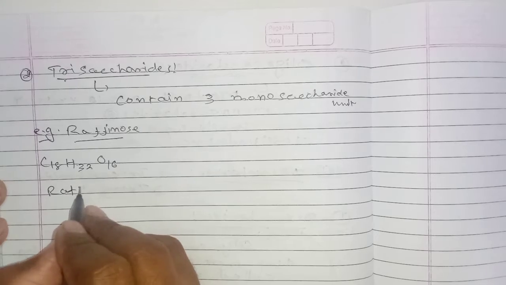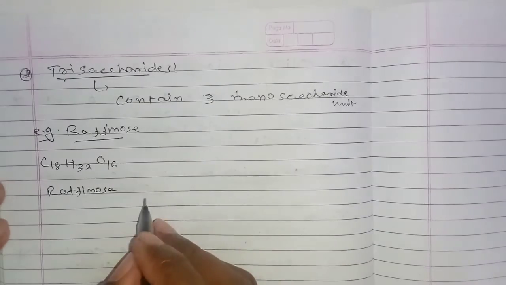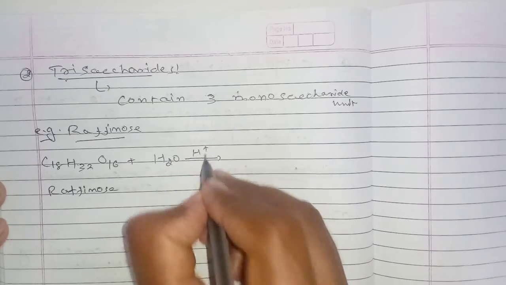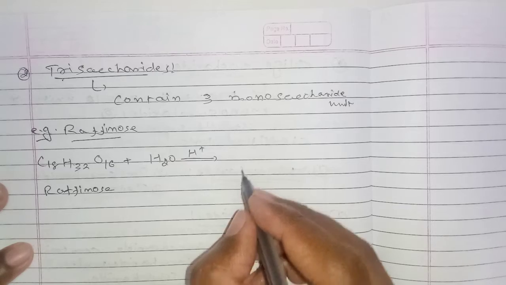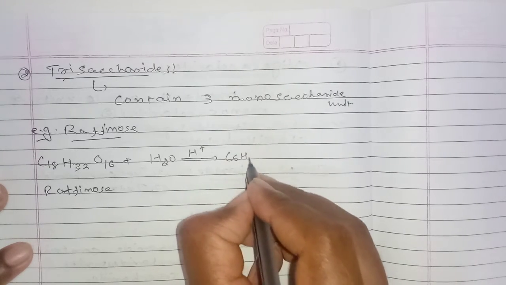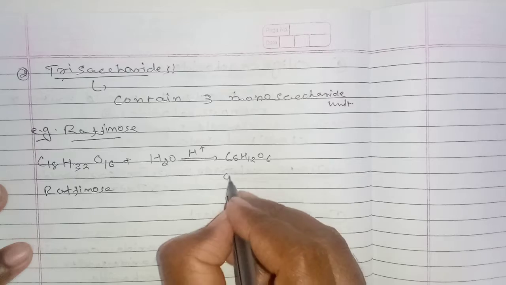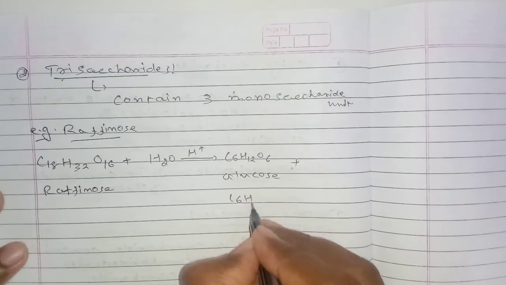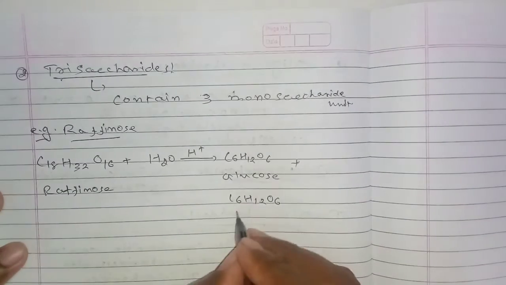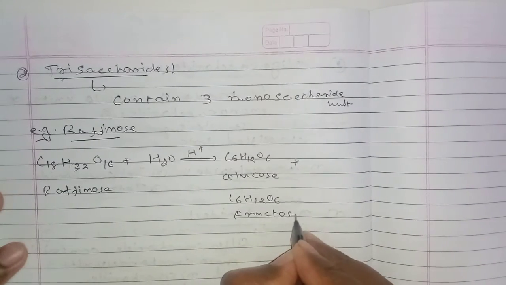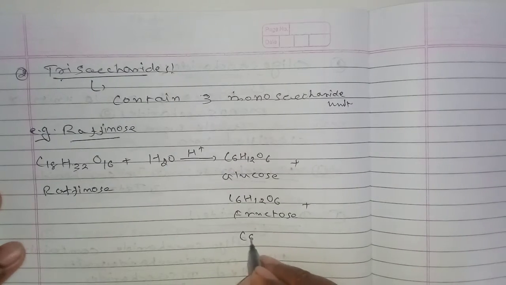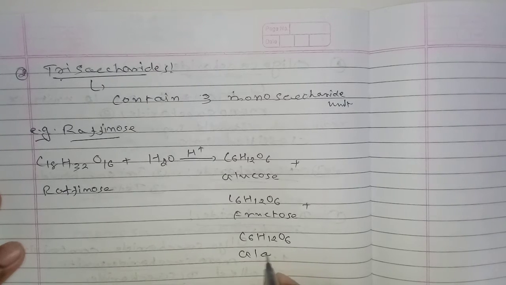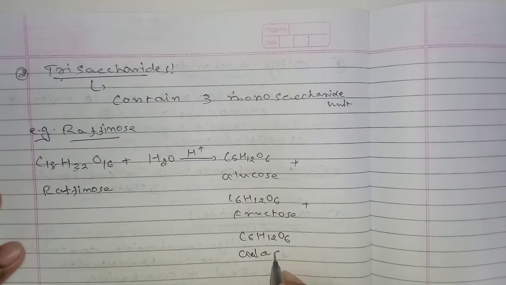Raffinose on hydrolysis in presence of acid gives C6H12O6, glucose, C6H12O6, fructose, and the third unit's chemical formula is also the same, but its name is galactose.